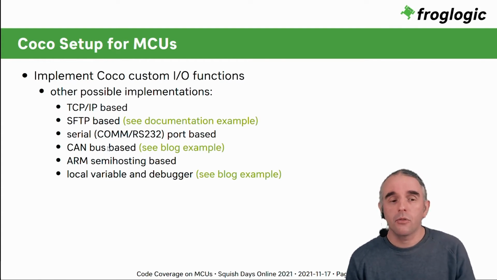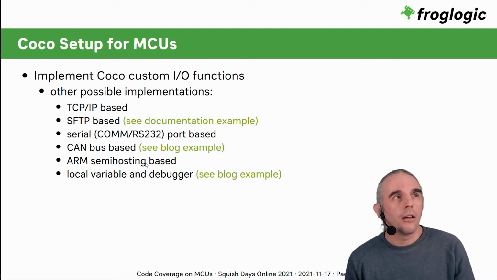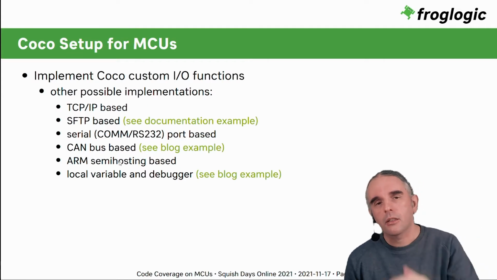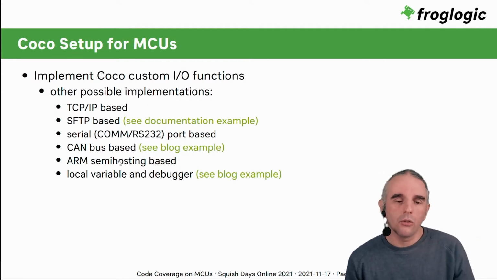The same thing goes for CAN bus, and also some ARM cores have a special module called semihosting, which can help you write files on the host, so that you can write files inside of the target and they will be automatically transported to your host.